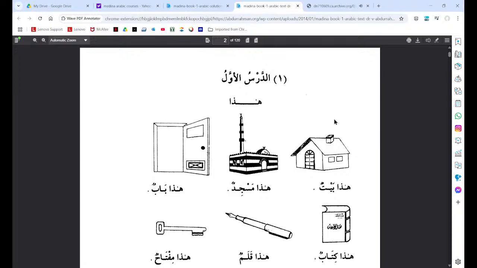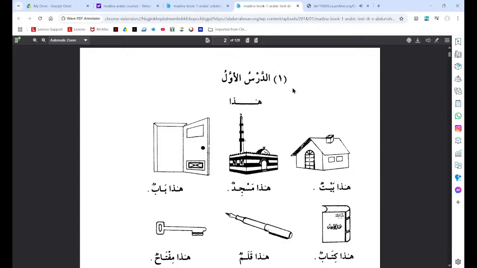Our second category of words is a fi'lun. Fi'lun is a كلمات دلت على معنى في نفسها واقترنت بأحد الأزمنة الثلاثة: الماضي، الحال، والاستقبال. So again, fi'lun is a word that has a meaning in and of itself.